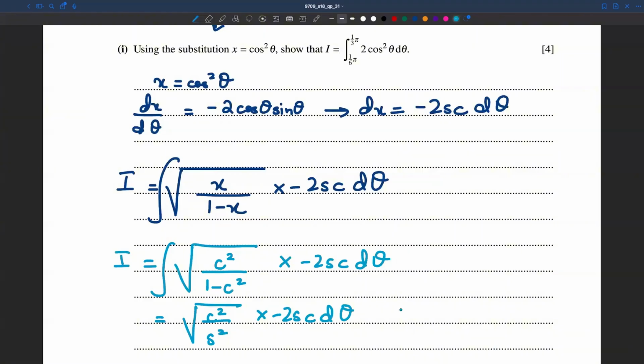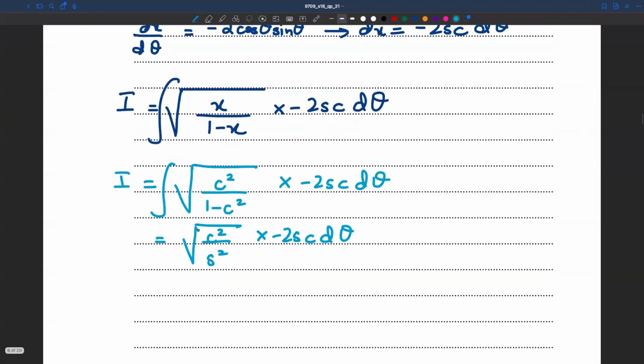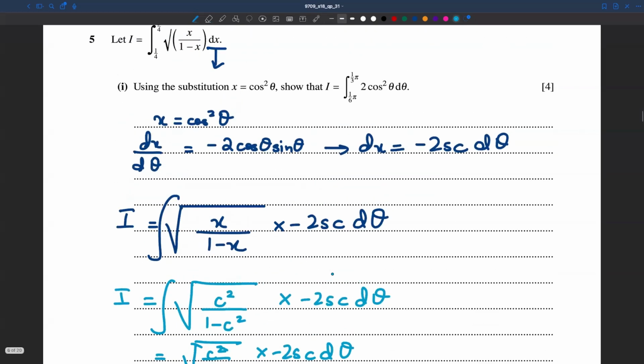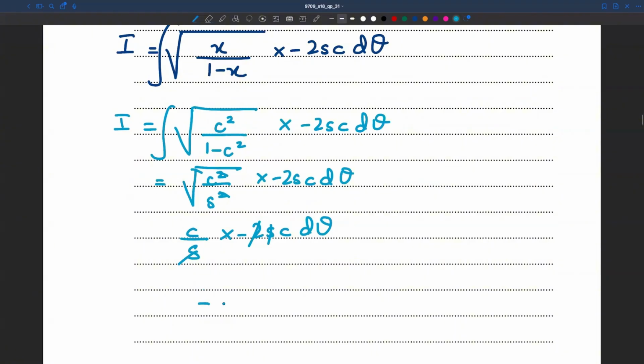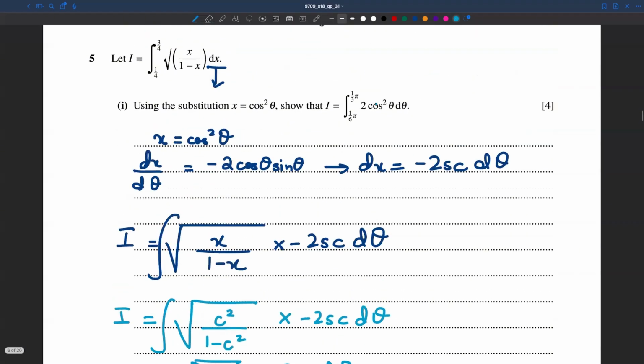Clear so far? The square root and the square will cancel out. This will be cos θ upon sin θ into minus 2 sin θ cos θ dθ, right? Sin and sin cancel out, so this will become minus 2 cos²θ dθ. This is what we had to prove.